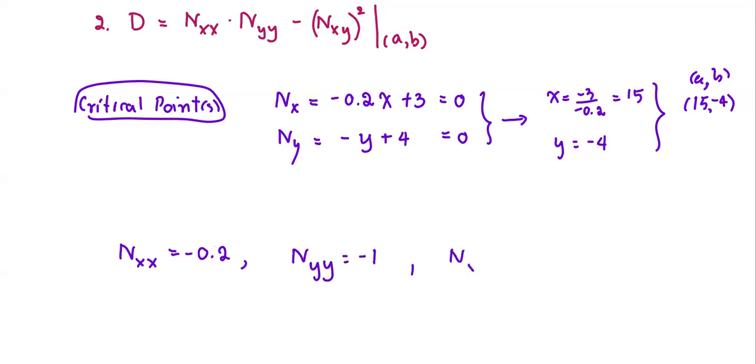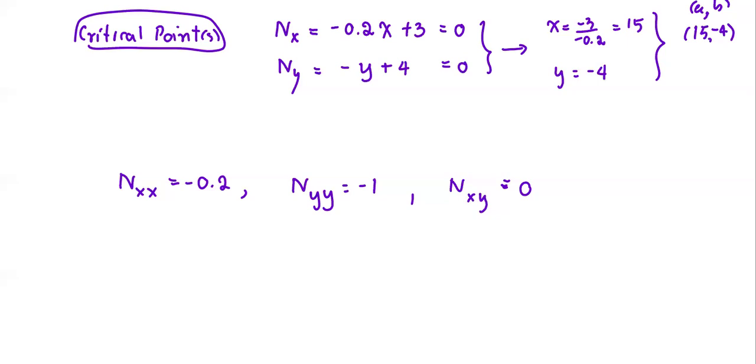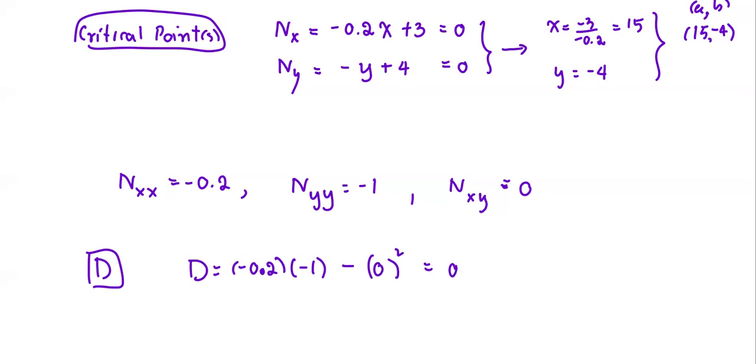And the second partial derivative with respect to x with respect to y, we will get 0. Then the quantity D = (-0.2)(-1) - 0², which gives us 0.2. That is greater than 0.